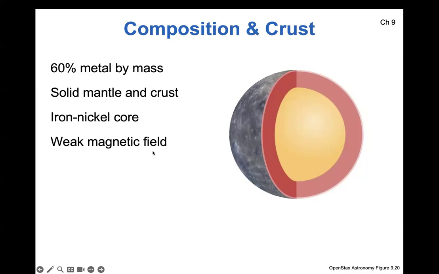It does create a weak magnetic field, which is really kind of strange. We would expect Mercury to be fully cold and therefore not have any magnetic field. Mars, for example, is completely cooled. Its interior is not molten, and you have to have a molten interior in order to sustain a magnetic field.